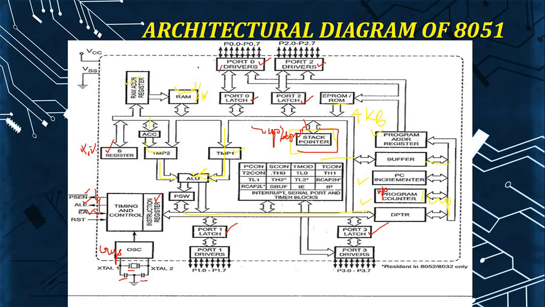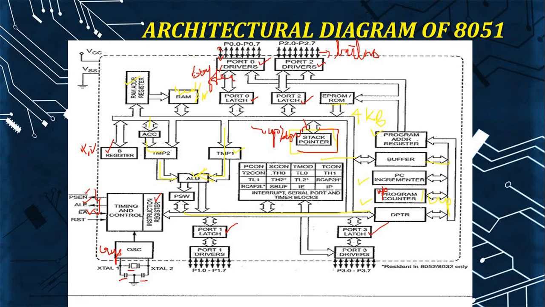The driver circuit is nothing but a buffer circuit. Every port will have a buffer circuit as well as a latch circuit. The arrows are in both upward and downward directions, which indicates a bidirectional port. All 4 ports have the same direction, so they are bidirectional ports.